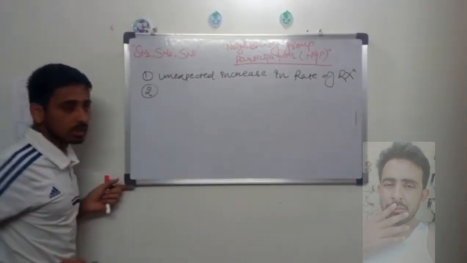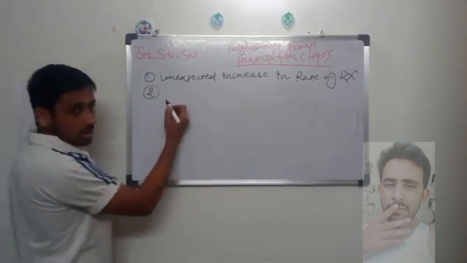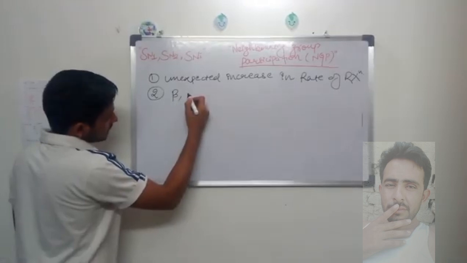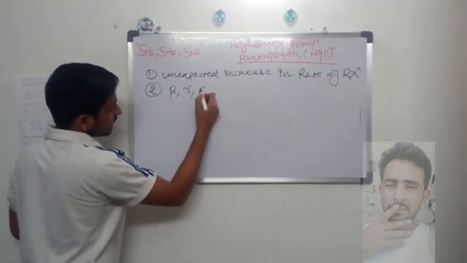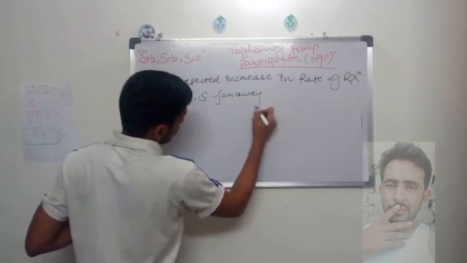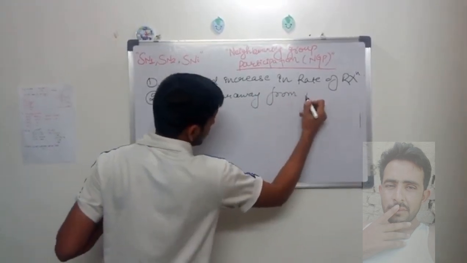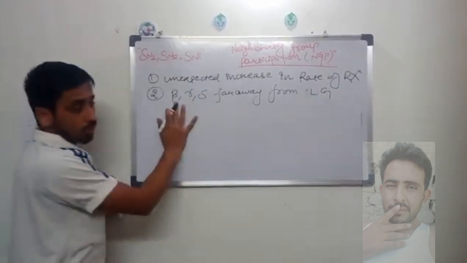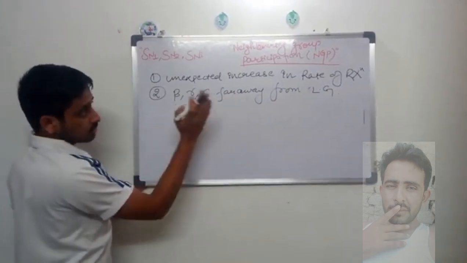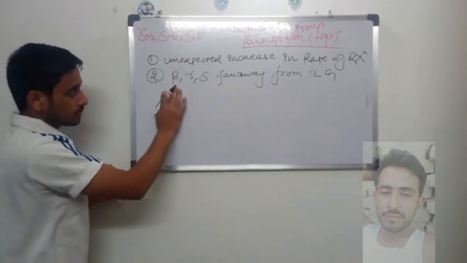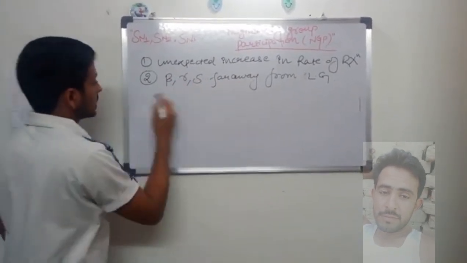Coming to the second very important point, which is the position of the neighboring element. It could be minimum at beta, and it can also be at gamma, delta, far away from the leaving group. These positions we have to see with respect to the leaving group. So minimum the element should be at the beta position, it can also be at gamma, delta.